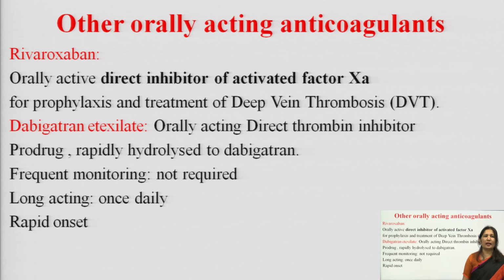Rivaroxaban is a direct inhibitor of activated factor 10A, used for the prophylaxis and treatment of deep vein thrombosis. Dabigatran is an orally acting direct thrombin inhibitor. It has rapid onset, is longer acting, and once daily dosing is sufficient.